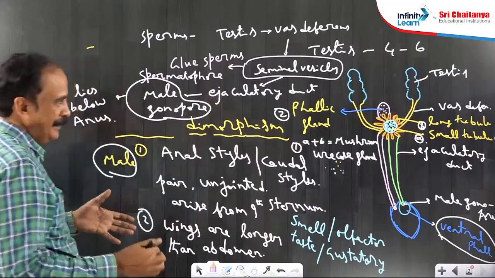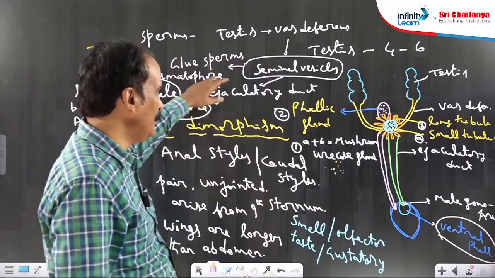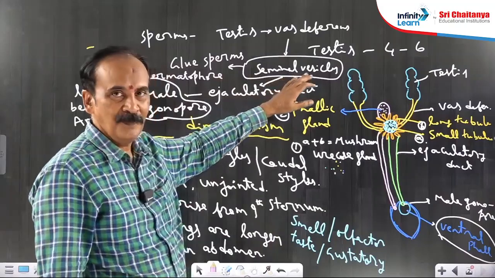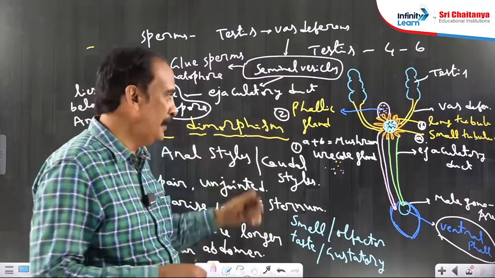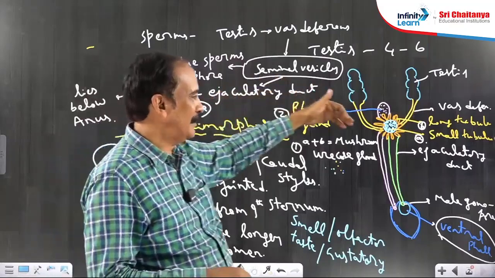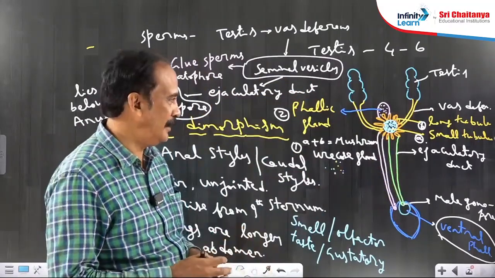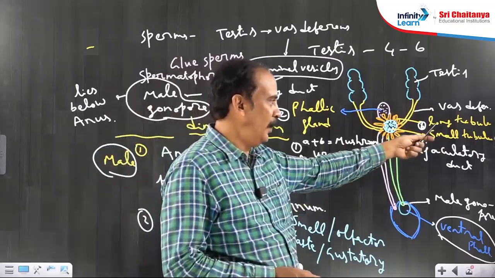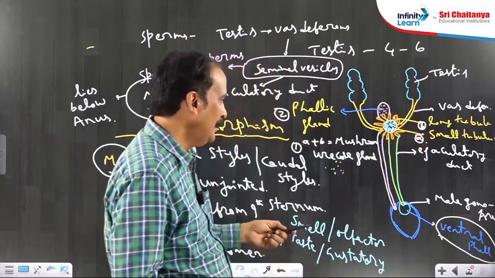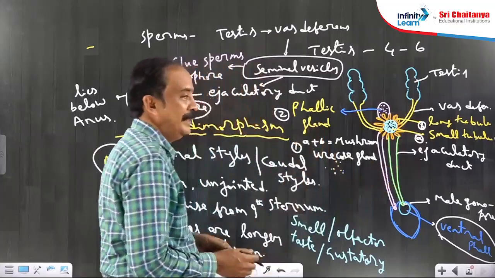So sperms are attached together to form a bundle, called the sperm bundle, and that happens in the seminal vesicles. After that, it is formed by 3 layers called the inner layer, middle layer and outer layer. That's not required for us in the NCERT. The inner layer is formed by the long tubules, the middle layer is formed by the ejaculatory duct, and the outer layer is formed by the phallic gland.